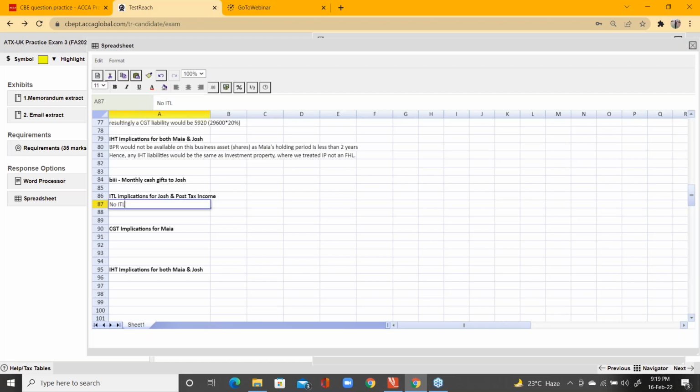No income tax liability implications for Josh on receiving cash.